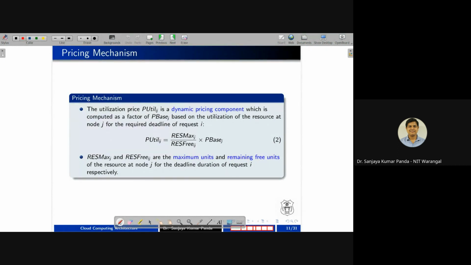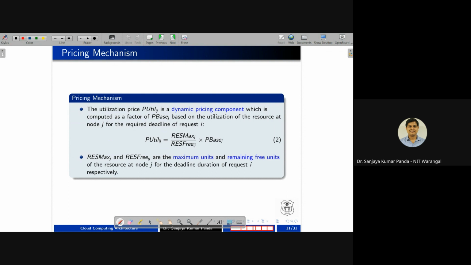The utilization price is a dynamic price component, which is computed as a factor of P base J. P base J is your base price. So based upon the base price only, we are calculating the dynamic price. But that dynamic price is based upon how many resources you have and how many remaining resources we have.